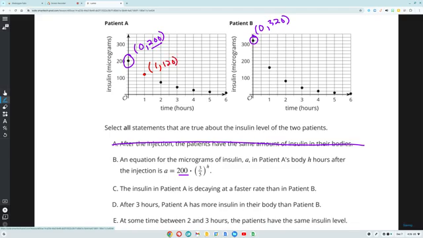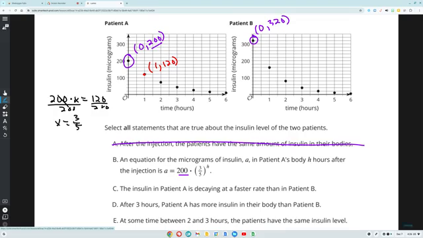It looks like I have the point with 120. So I need to ask myself, what do I have to multiply 200 by to get to 120? Because that is that common multiplier, that is the base. I divide both sides by 200. I end up getting x is equal to 12 over 20, which simplifies to 6 over 10, which simplifies to 3 over 5.